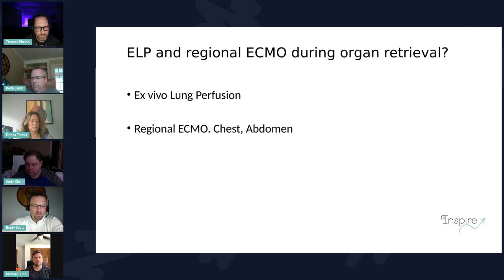Let me give you a couple of examples. It's been some time now that recruitment maneuvers have been out of vogue and not as popular because of a couple of trials that have given us data that suggest that doing recruitment maneuvers may be more injurious. The potential risk of doing those on patients might outweigh the potential benefit.